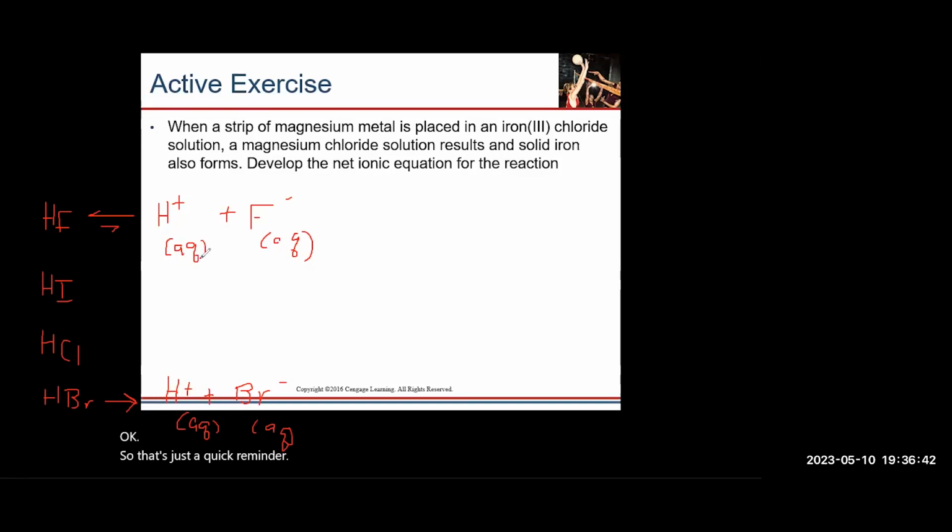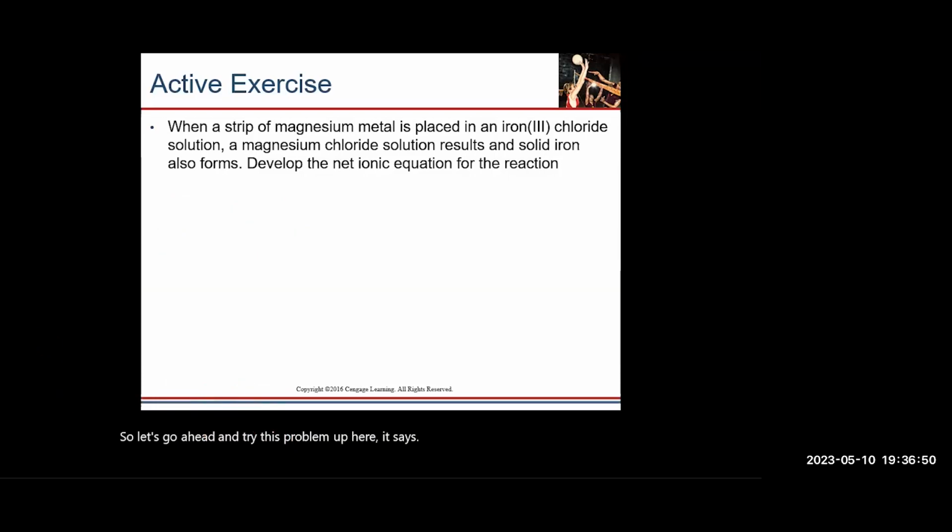Okay, so let's go ahead and try this problem up here. It says, when a strip of magnesium metal is placed in iron(III) chloride solution, a magnesium chloride solution results, and solid iron also forms. Develop the net ionic equation for the reaction.